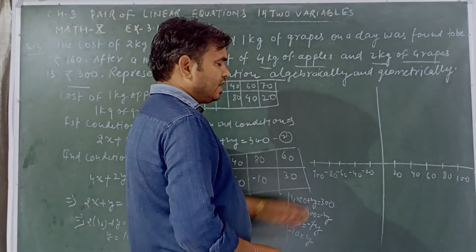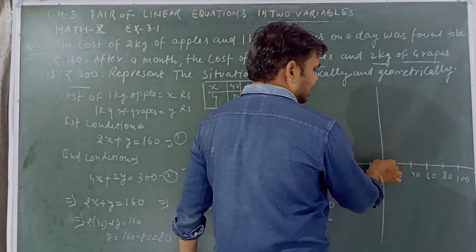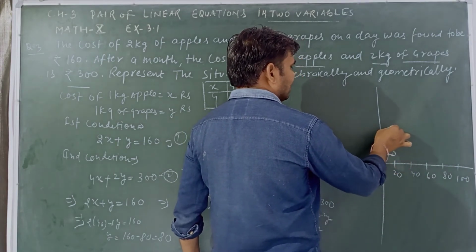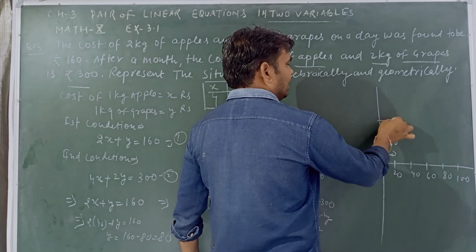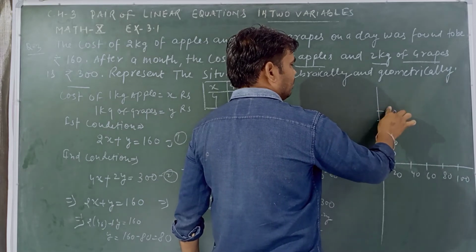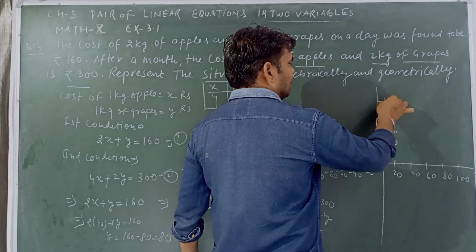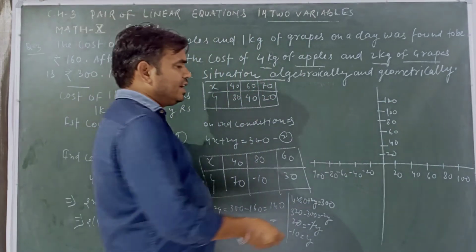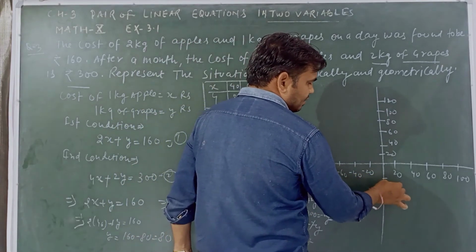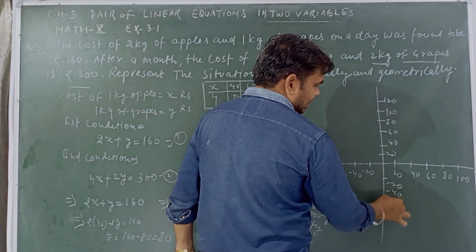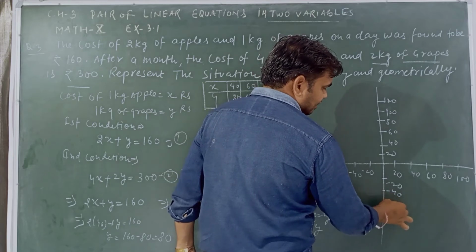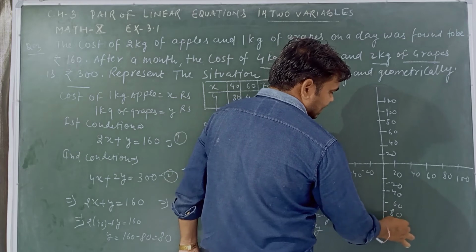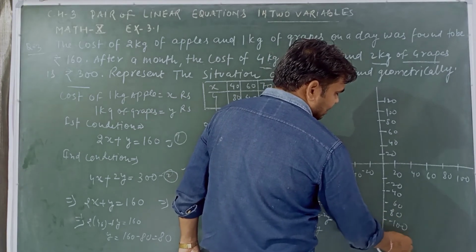And here also you can increase: 20, 40, 60, 80, 100 and 120, and minus 20 up to minus 120.